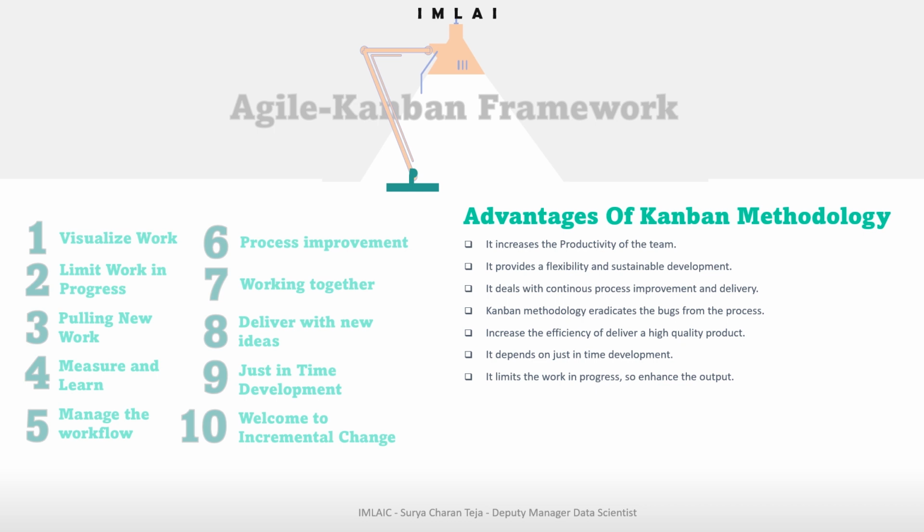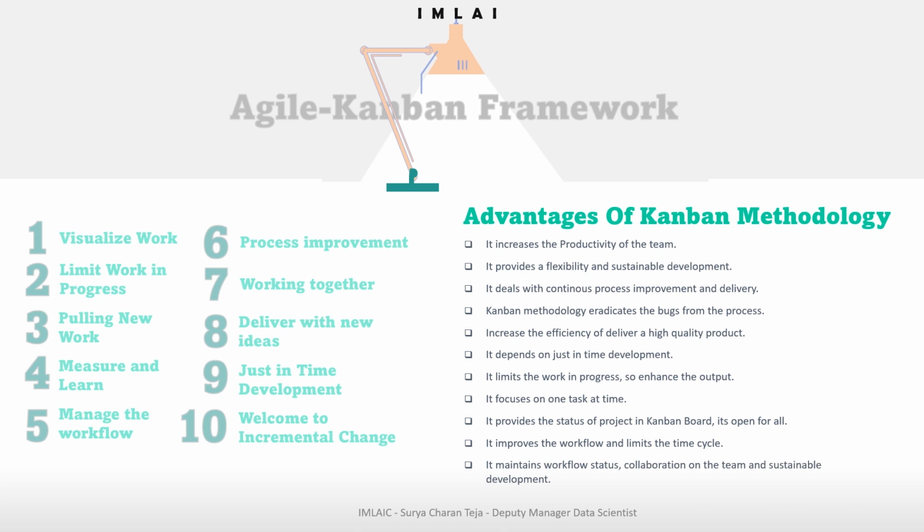It focuses on one task at a time. It provides the status of the project on the Kanban board. It's open for all. It improves the workflow and limits the time cycle. It maintains the workflow status, collaboration in the team, and sustainable development.